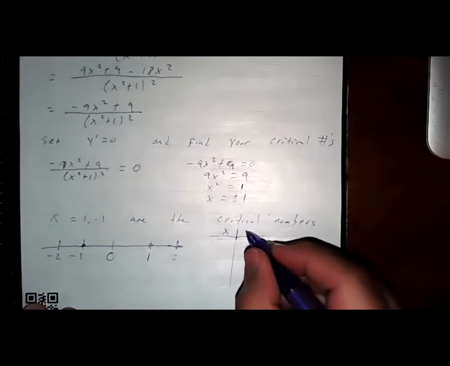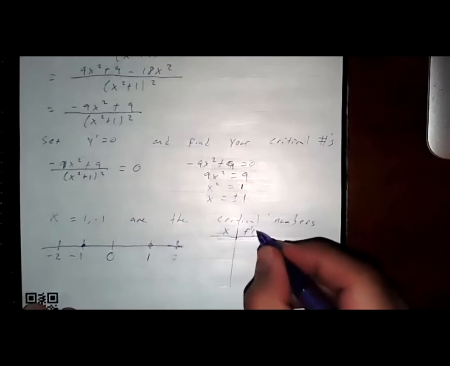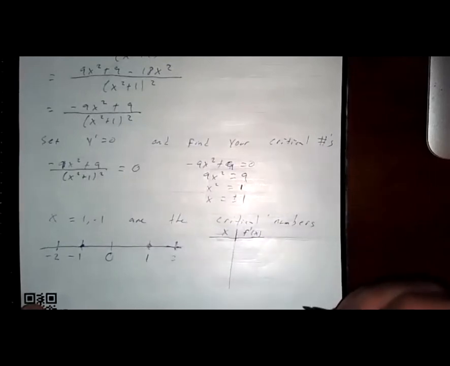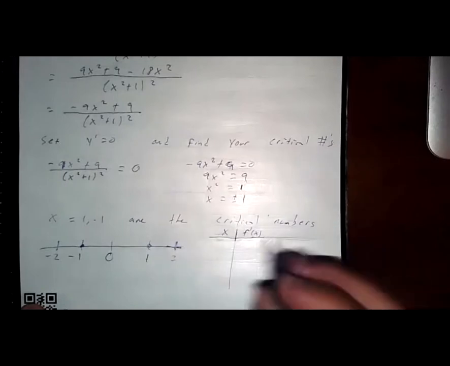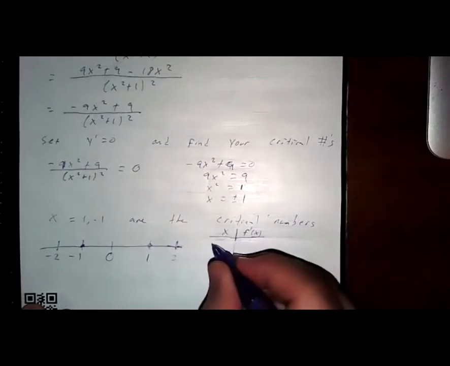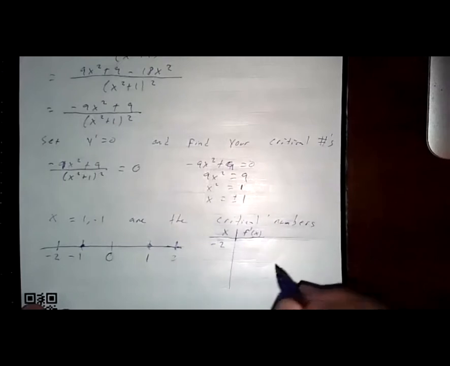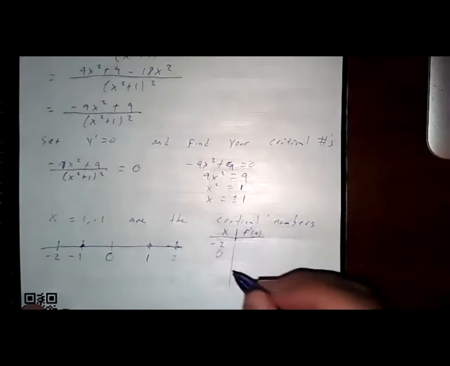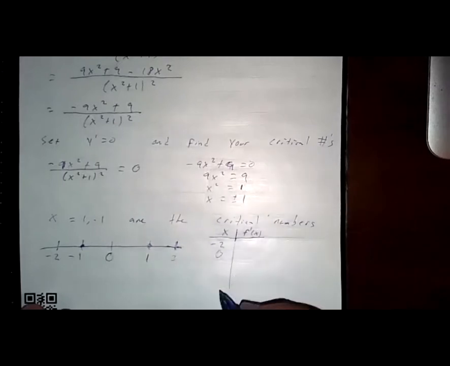Yeah, just plug it into the derivative so you can see if it's positive or negative. So here are the x values. I chose -2, 0, and 2. Wouldn't this tell us if it was increasing and decreasing? Is that what we want? Right, that's what we want to know.